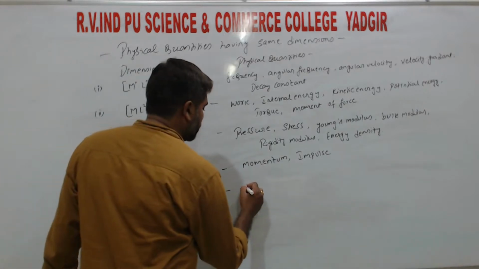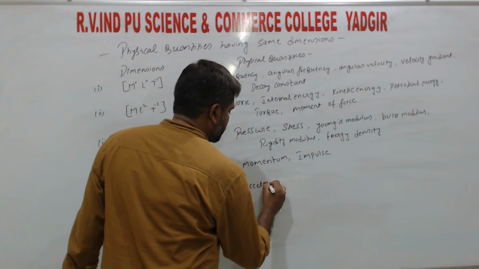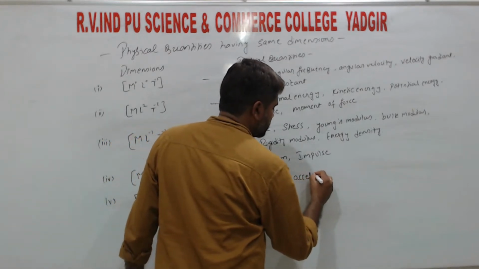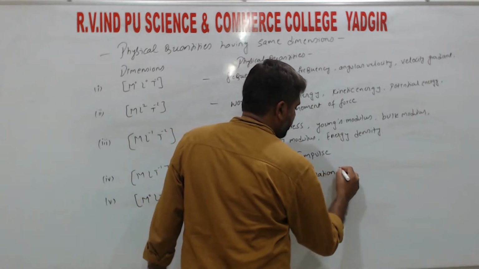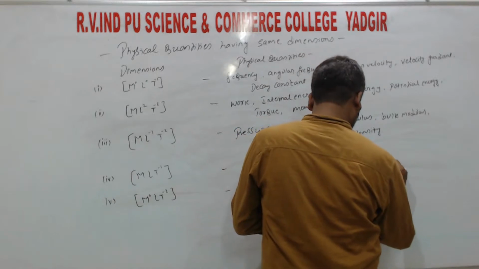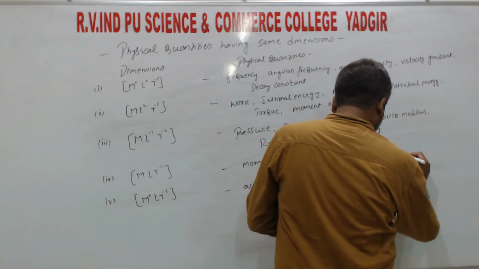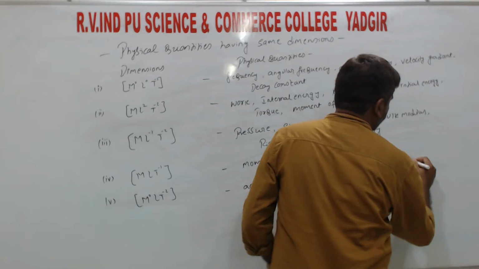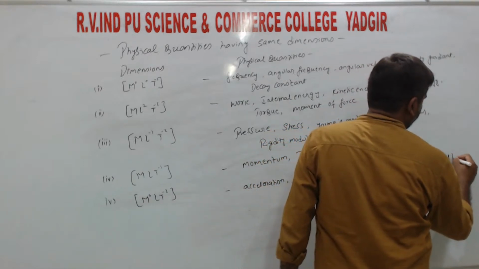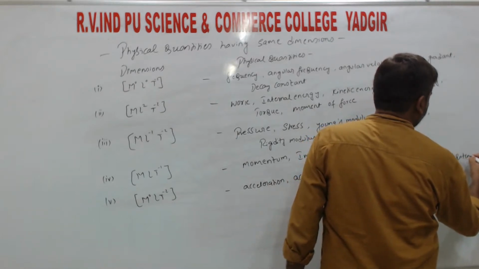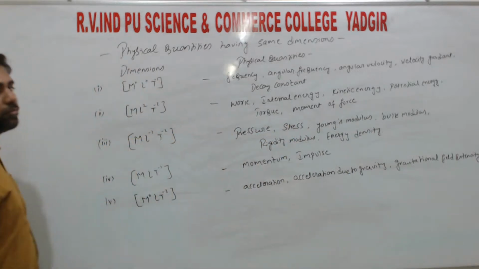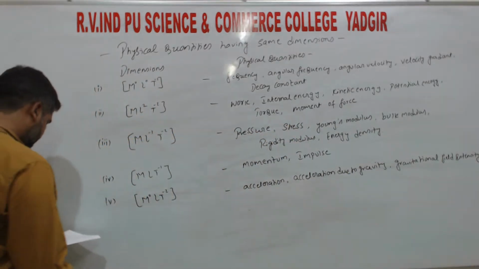So this is for the acceleration due to gravity, gravitational field intensity. Right. So these have the same dimension, right?